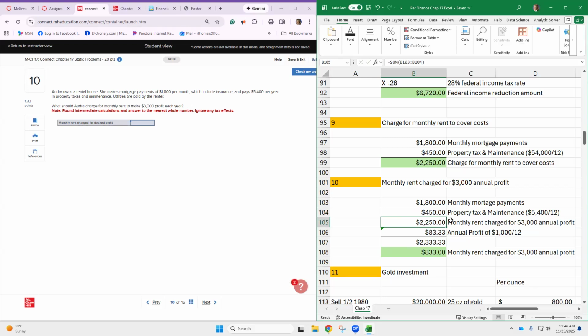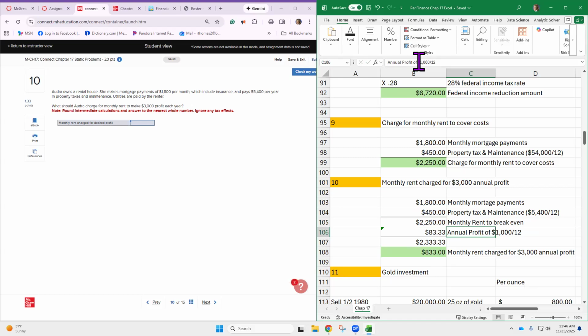And then there's that monthly rent. This is the monthly rent to break even. So that's the cost that she has.